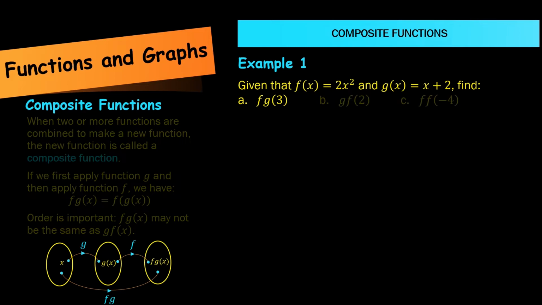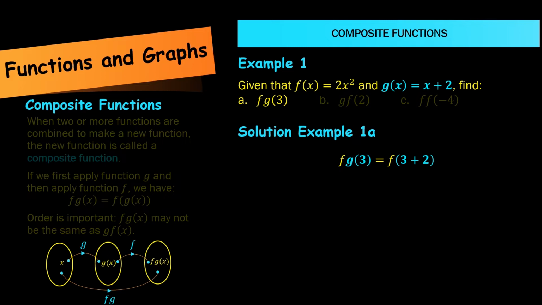So let's take a look at example 1a first. Given that f of x equals 2x squared and g of x equals x plus 2, find fg of 3. So let's solve this. g of 3 is 3 plus 2, since g of x is x plus 2.